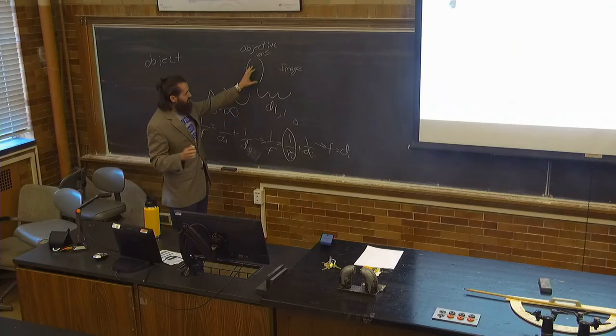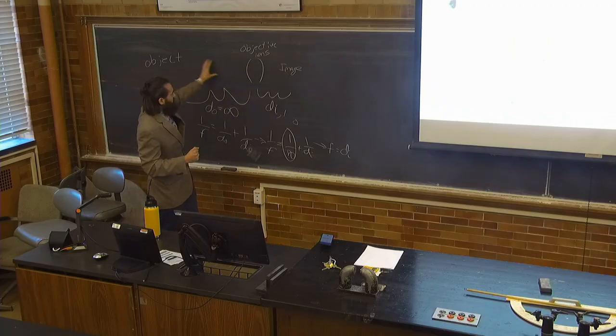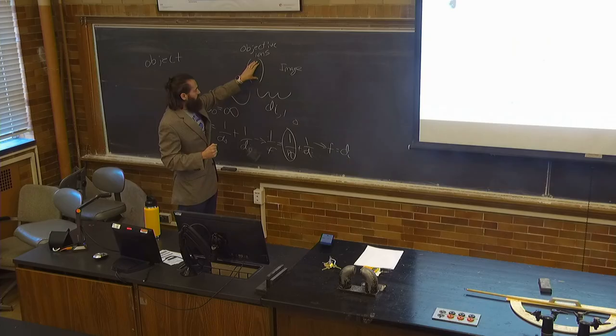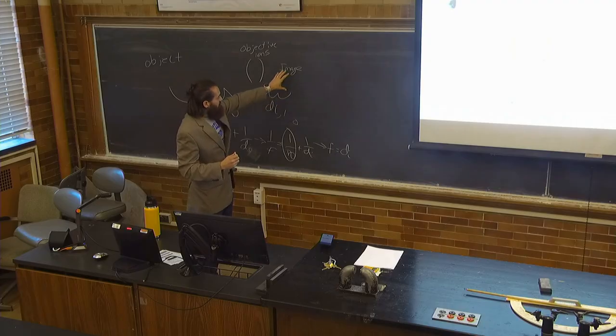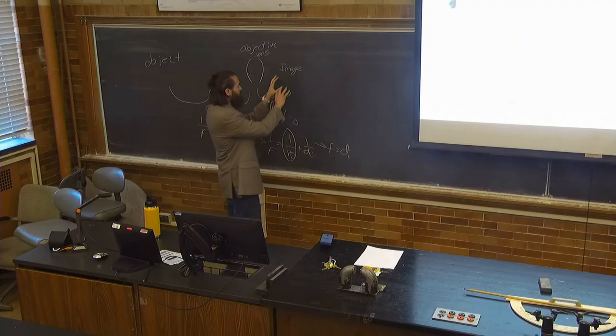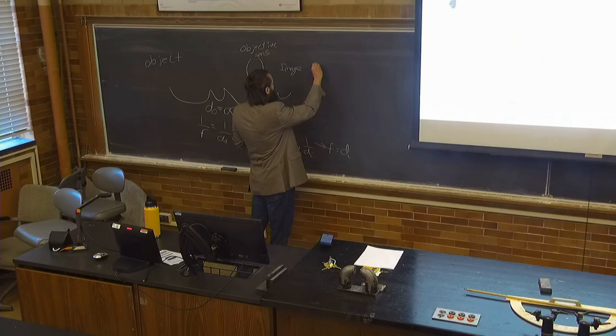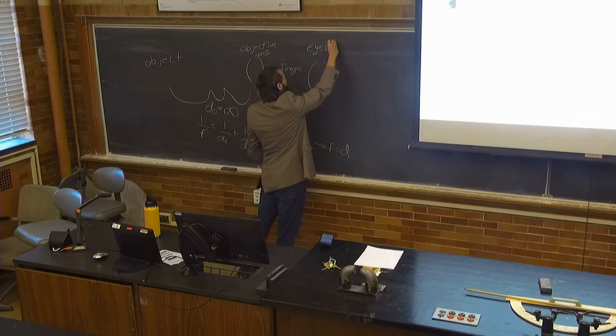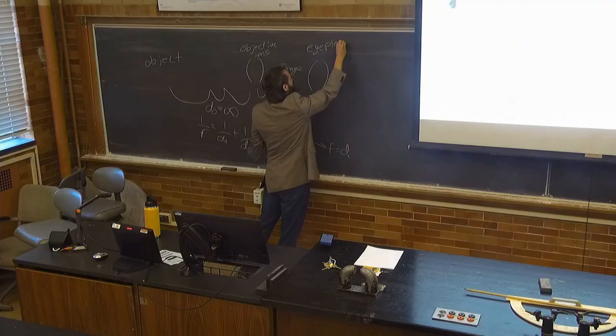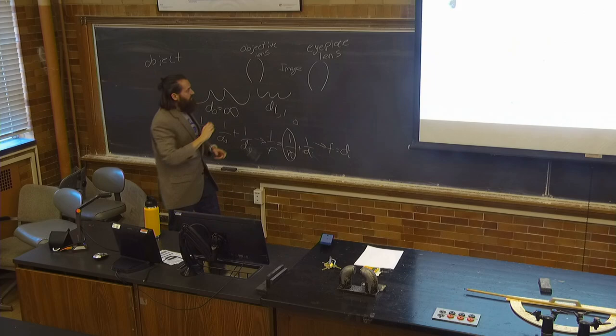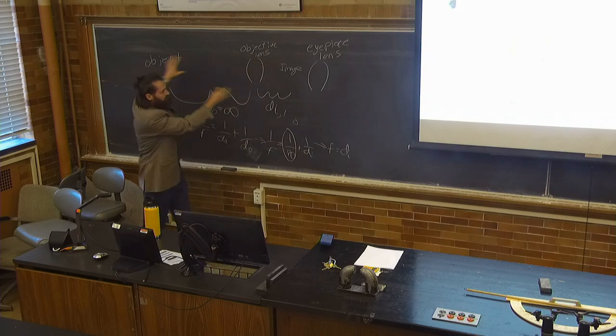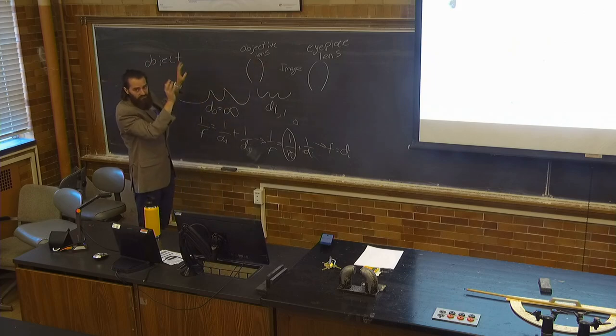Okay, so now I've looked at something far away, put the light through this objective lens, and it made an image behind it. Now this image is going to be the light that we're looking at through our eyepiece lens. And so now you can pretend all of this original stuff didn't matter.